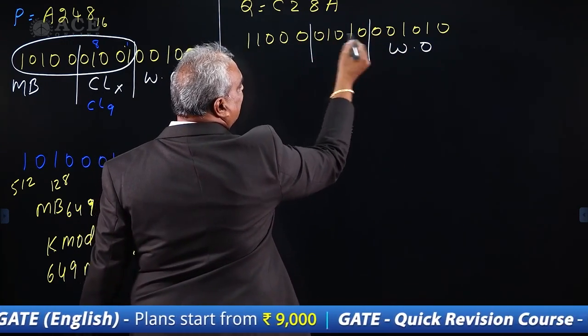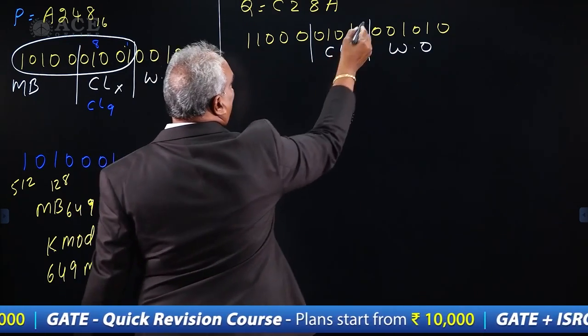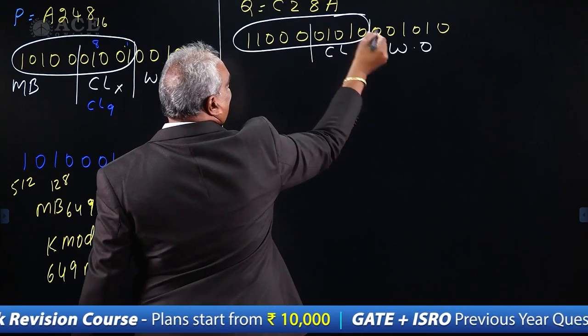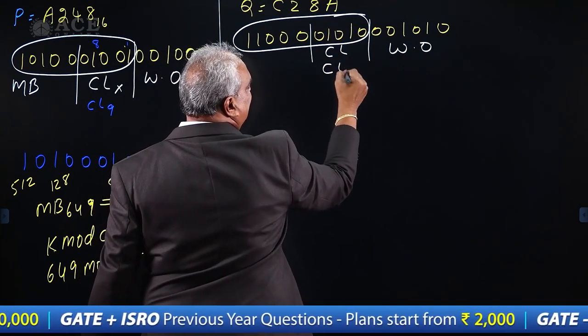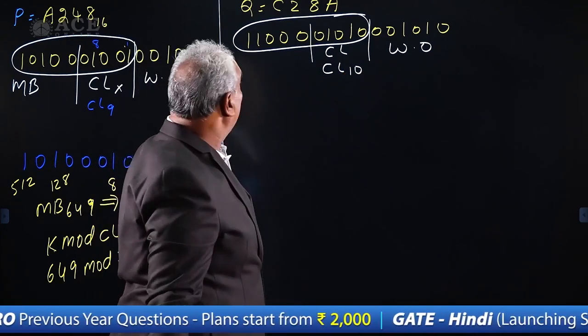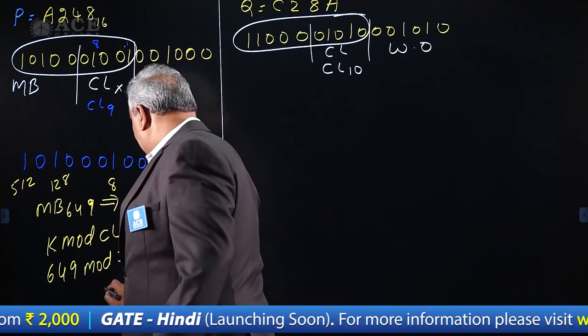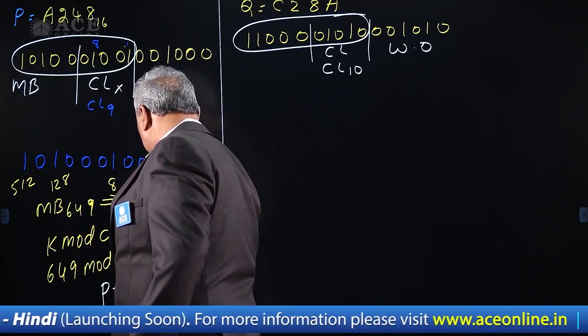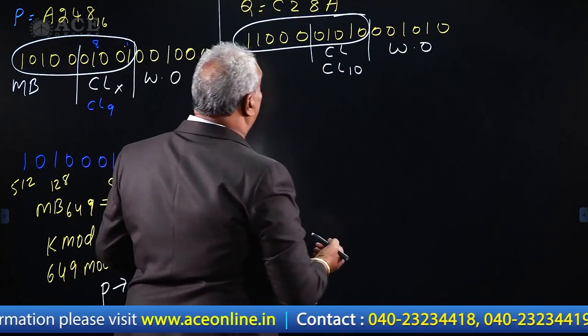The next 5 bits are used for cache block offset. Next is the main memory block number. In this, 01010 means 1, 2, 4, 8, nothing but CL10. So Q maps to CL10. P maps to CL9, Q maps to CL10.